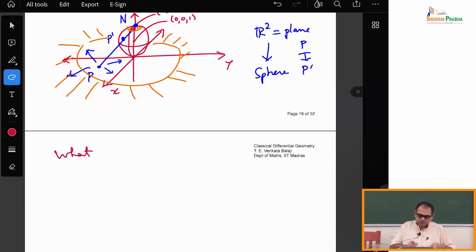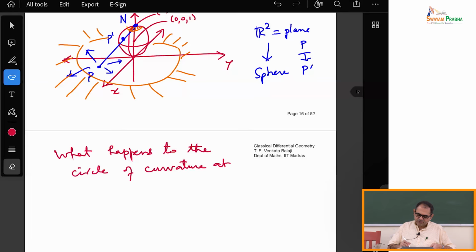What happens to the circle of curvature as x varies from minus pi by 2 to pi by 2?